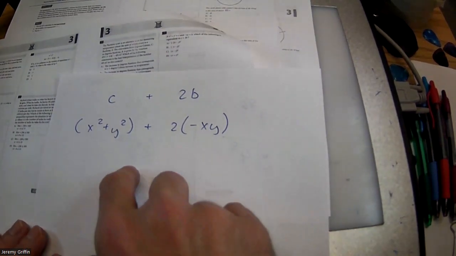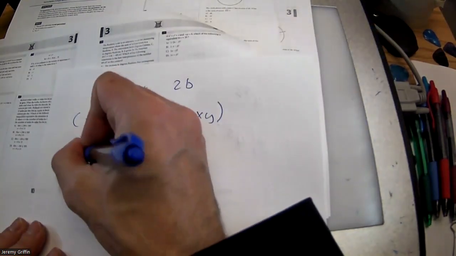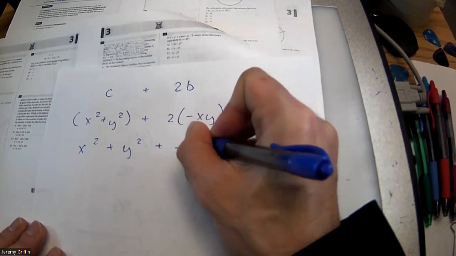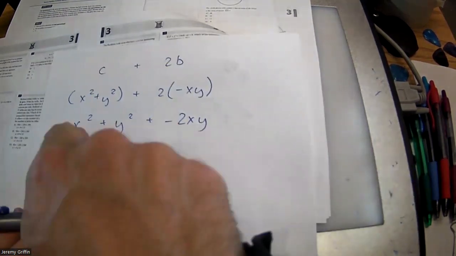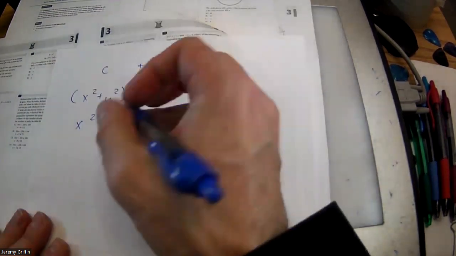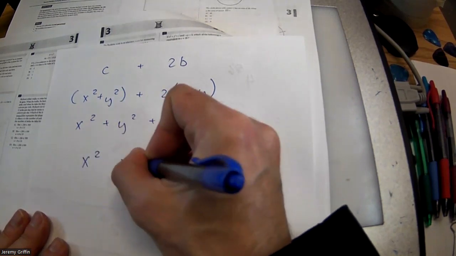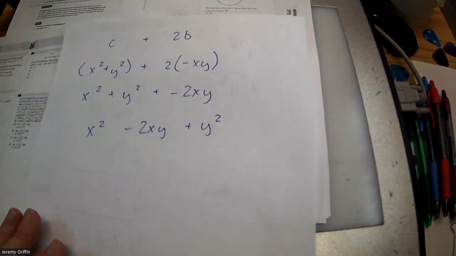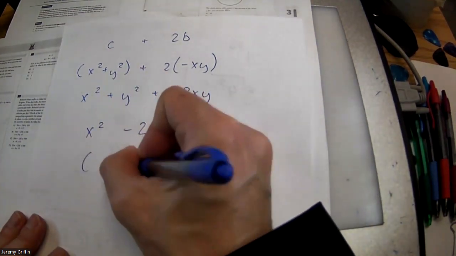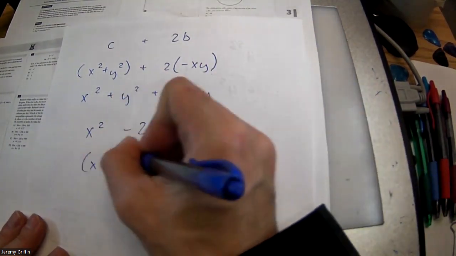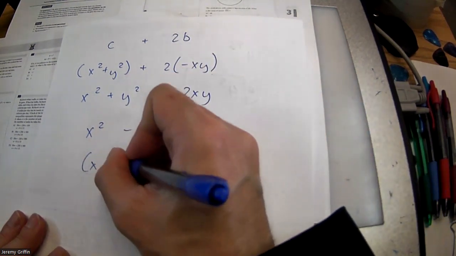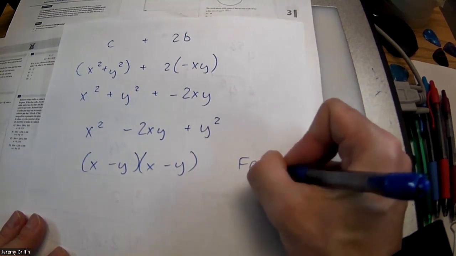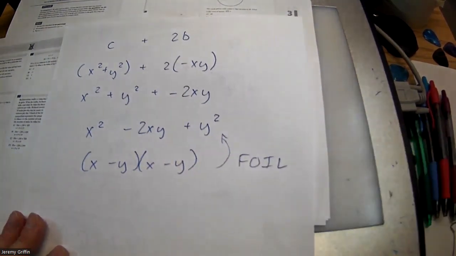Okay. Hey, let's get rid of those parentheses. Can I rearrange this? Maybe take this term and push it in the middle? Is this just begging to be factored? And an x and an x. How about a negative y and a negative y? Okay. Let's do FOIL and then check our answer backwards.